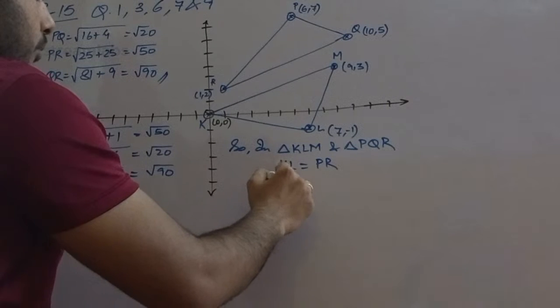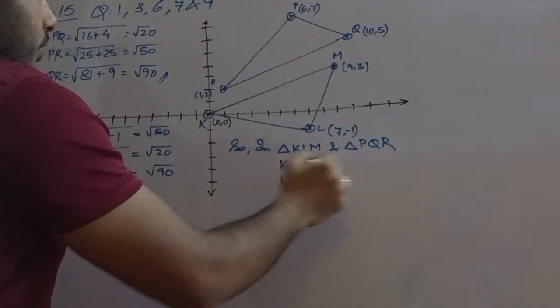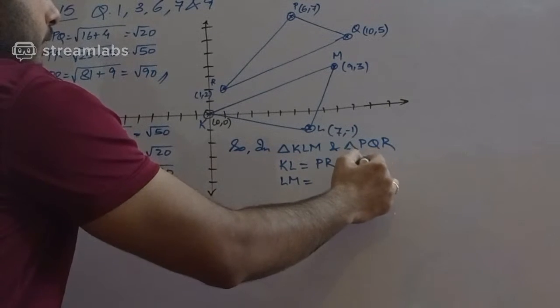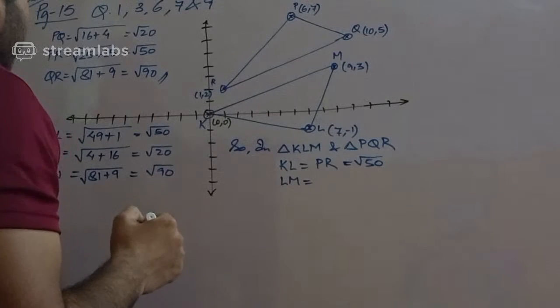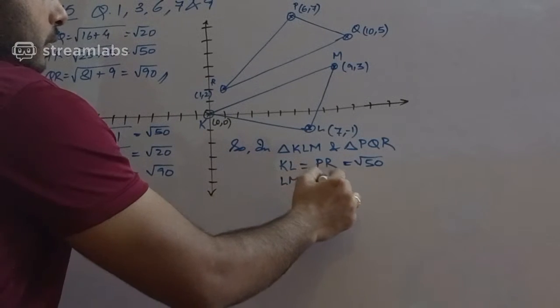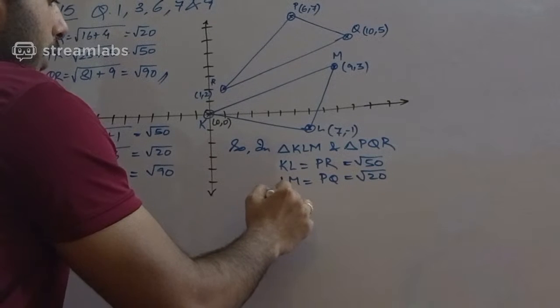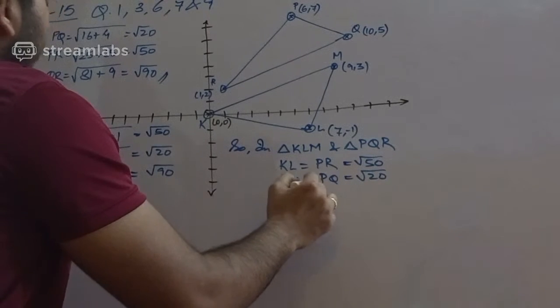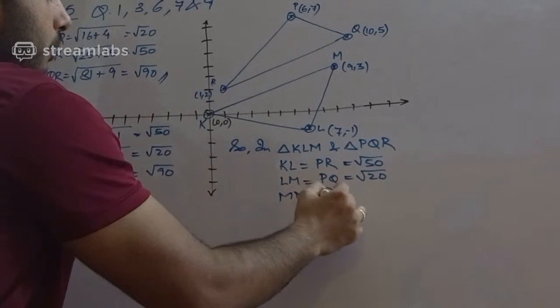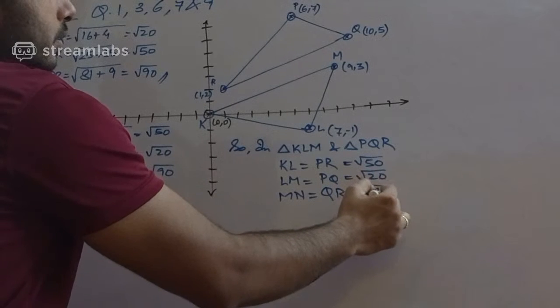Then LM is equal to root 20, which is equal to PQ, square root of 20. And MK, which is equal to square root of 90, which will be equal to QR, and that is this.